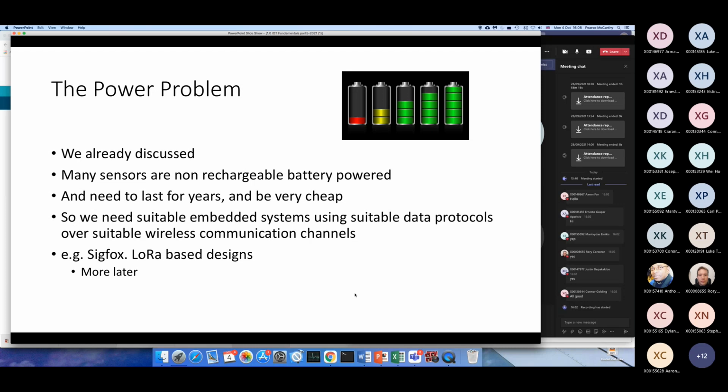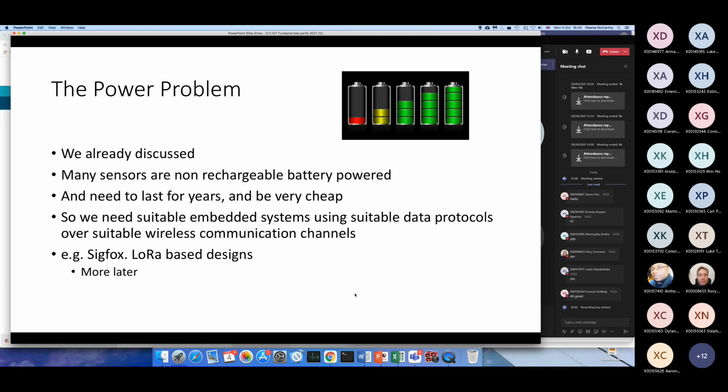They're not usually designed so that the batteries can be replaced. They're designed to be thrown away and a new one put in, because if you design something with a replaceable battery, that costs you more money in the first place due to the plastics and how you mount the battery. So typically they are not replaceable, they're very cheap, and they're thrown away after X years.